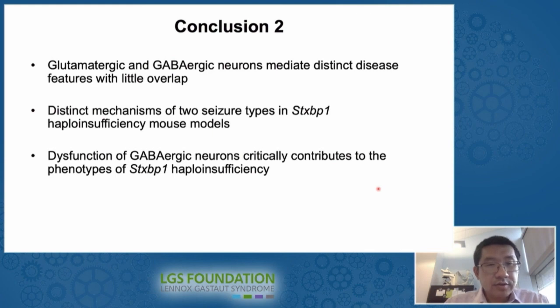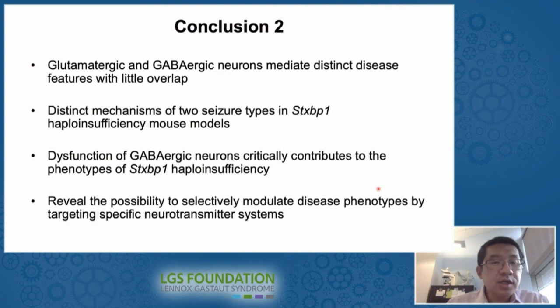Third, the GABAergic interneuron seems to be the most important cell type for this disorder, because the GABAergic heterozygote clearly recapitulates most of the phenotype that we observe in the constitutive heterozygote knockouts. And this data also reveals a possibility that we might be able to selectively modulate the disease phenotype by targeting one particular neurotransmitter system, for example, the GABAergic system.